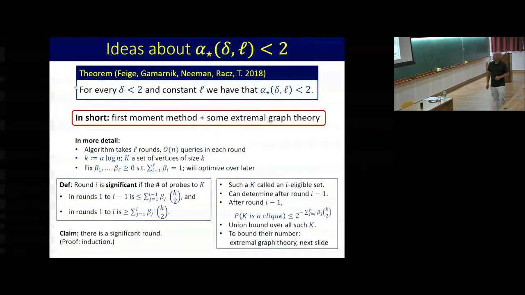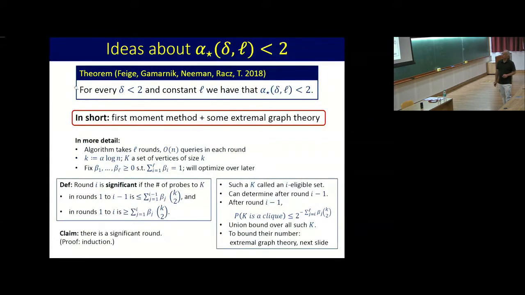So we fix, say, the alpha log n target size. We want to show somehow it's unlikely to find a clique of size alpha log n for alpha something, this alpha star delta comma L, and you have L rounds. So the betas are fractions, variables to indicate how you might have conducted your queries over L rounds.